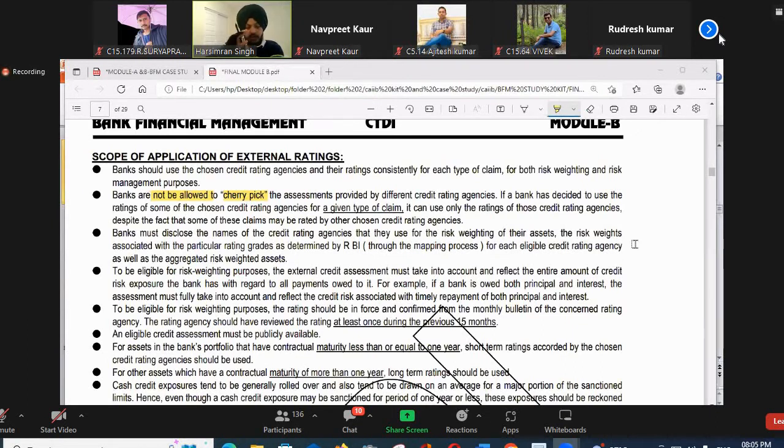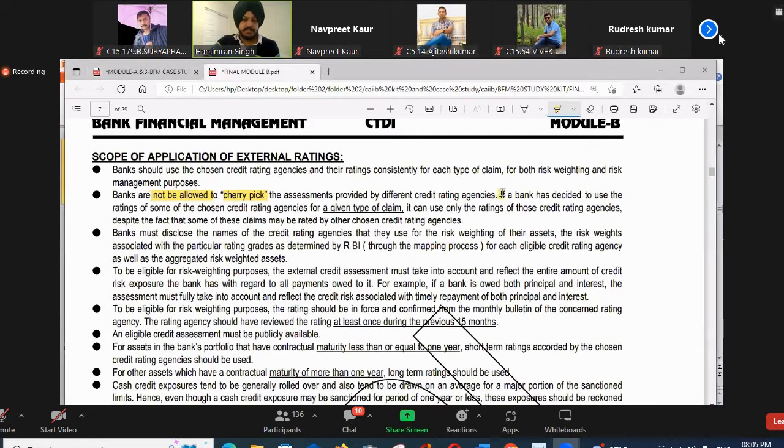Then for all the retail advances, you have to stick to only CRISIL. You cannot do that half के लिए आपने CRISIL use कर लिया, half के लिए आपने you use CARE, half के लिए ICRA, half के लिए Moody's. No. For one type of claim, you will decide and use only one credit rating agency. Is that clear?